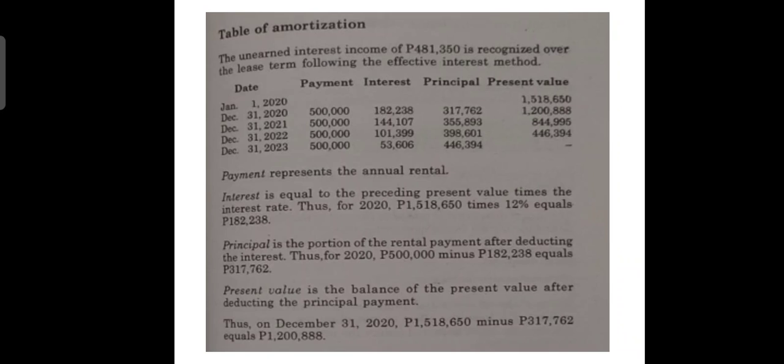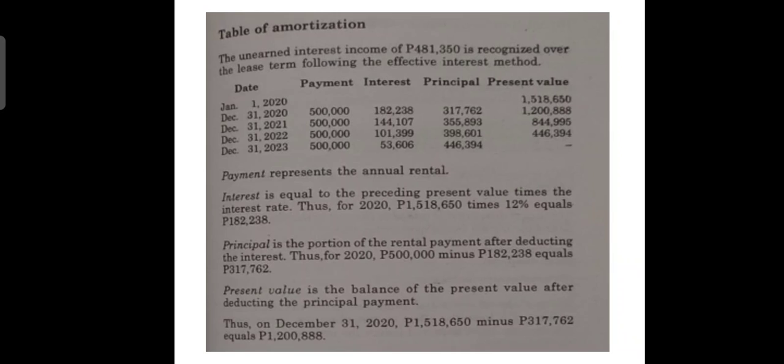Principal is the portion of the rental payment after deducting the interest. Thus, for 2020, 500,000 minus 182,238 pesos equals 317,762 pesos, and you can see that in the table, the principal. And present value is the balance of the present value after deducting the principal payment.